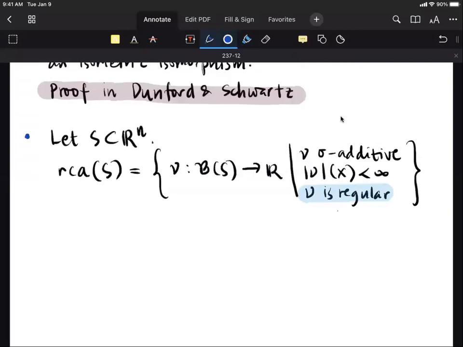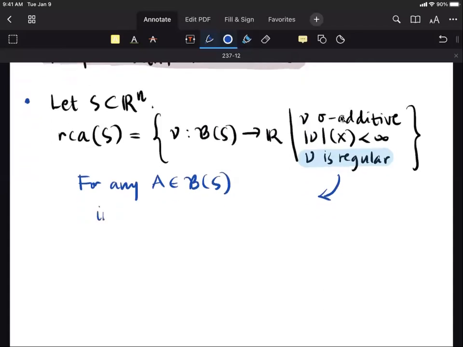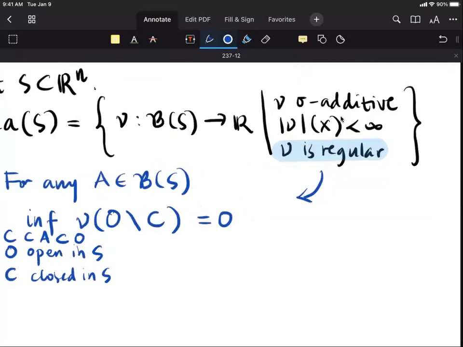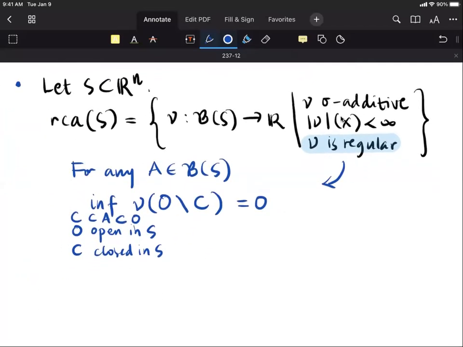So this means that for any A in the Borel sigma algebra of S, the infimum of the measure of the difference, let's say O minus C, where O is open in S, C is closed in S, and C is a subset of A is a subset of O, this one is equal to 0. So this is regularity.